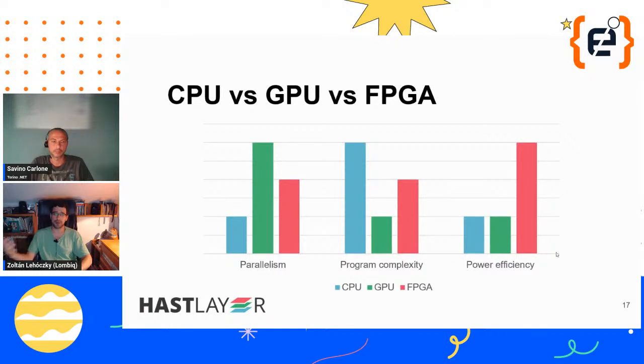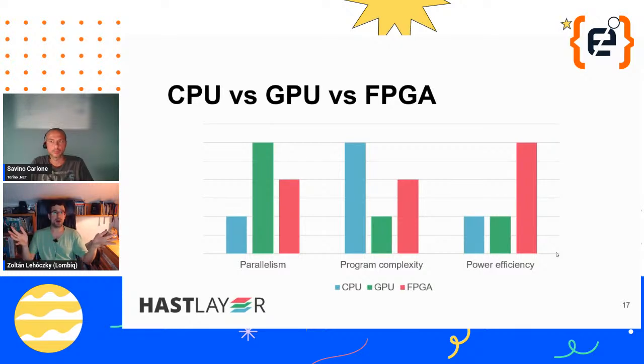GPUs, on the other hand, are highly parallel devices. They have thousands of little processing cores. Now, those are very different than CPU cores, but still, the hardware level parallelism you can get is a lot higher there. And FPGAs are roughly in between, I would say, because FPGAs don't really have cores, so to say, but the degree of parallelism you can get with an FPGA is roughly in the order of hundreds.